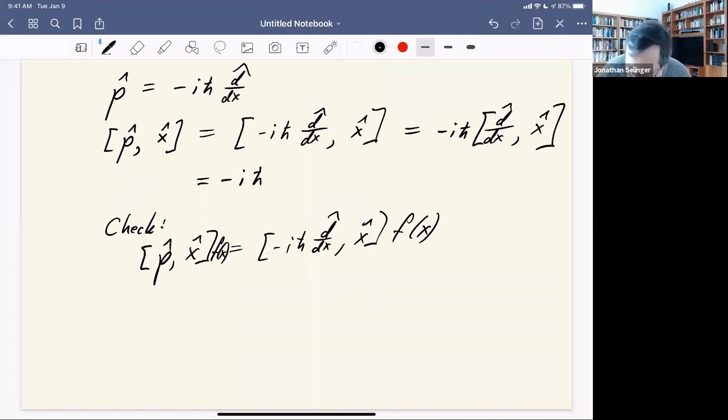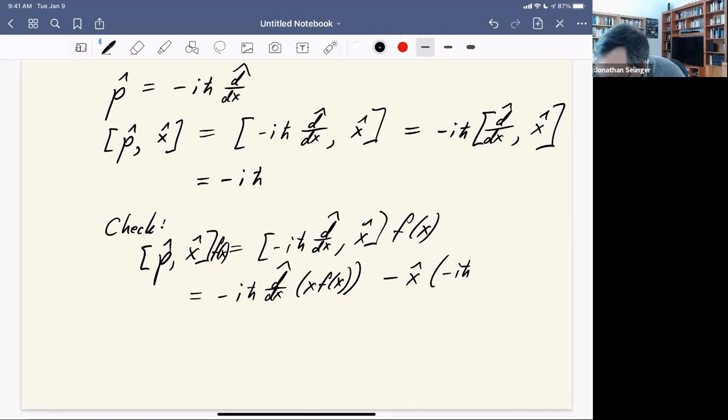So that is negative i h bar d by dx of x f of x, minus x times negative i h bar df dx.